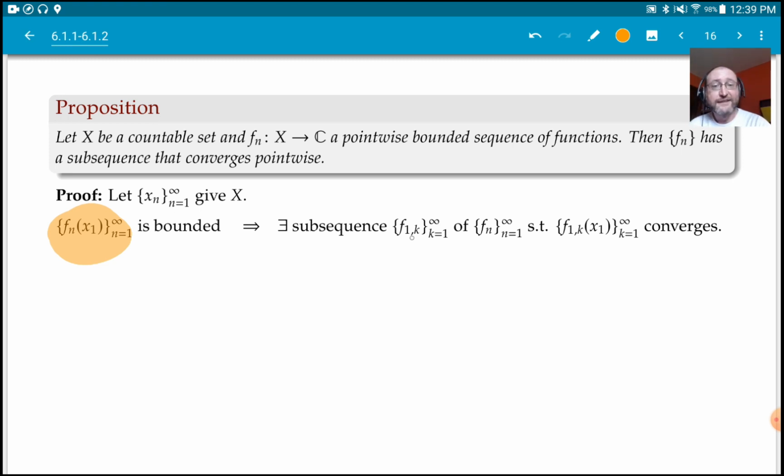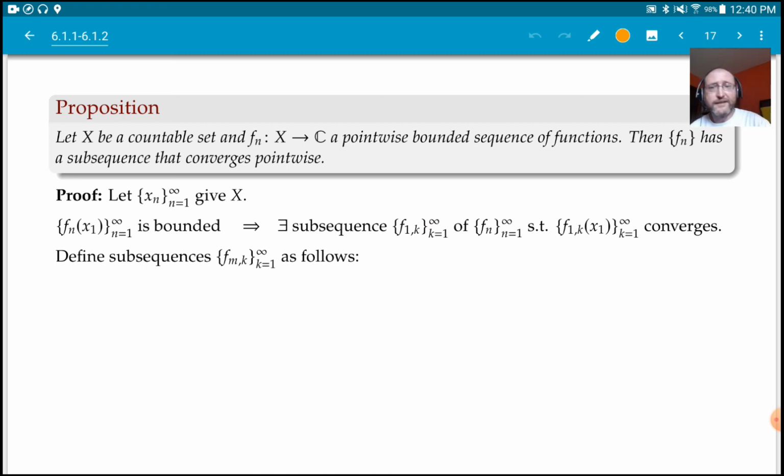We're taking the first subsequence, so we put f sub 1,k, where k is now the index. That's the subsequence of this sequence that converges at x1. So we've taken a subsequence of our sequence, and now we have a subsequence that converges at x1.